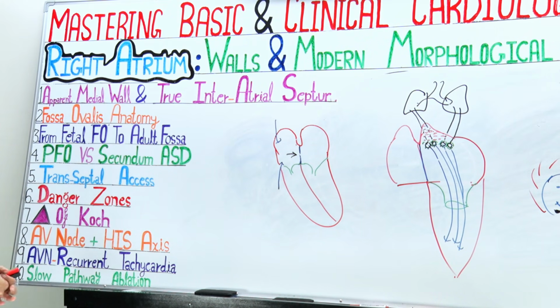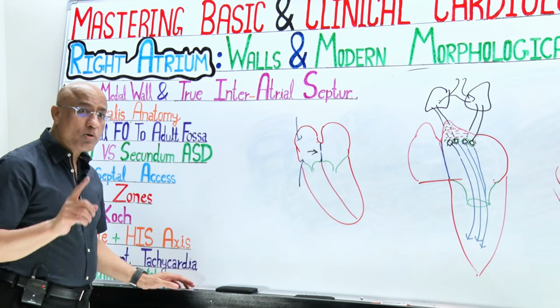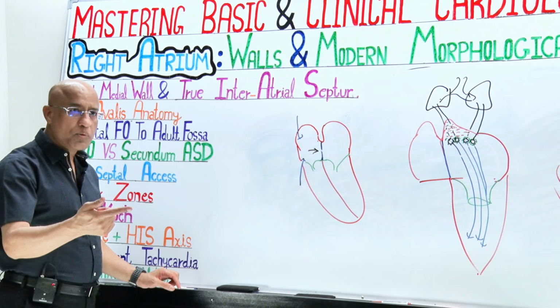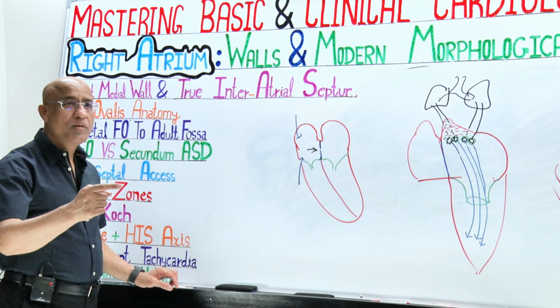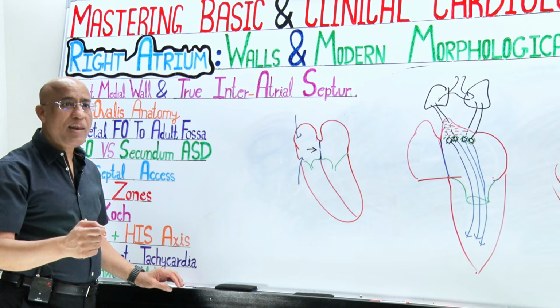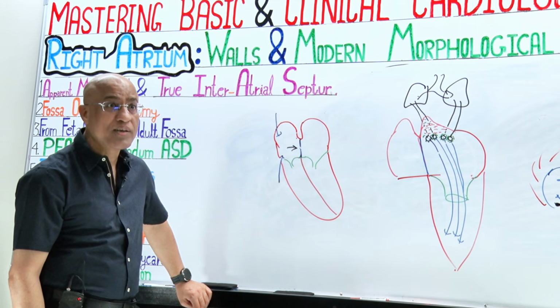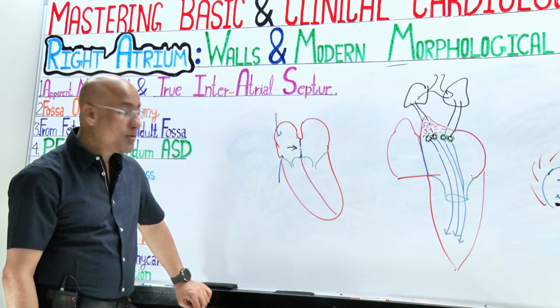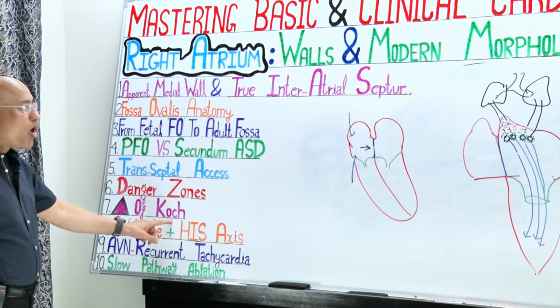Now, I think this is enough for today. Tomorrow we will continue with the medial wall, but the inferior-most part of the medial wall, where there is an electrical window between the atria and ventricle, the AV nodal region, and the triangle of Koch.